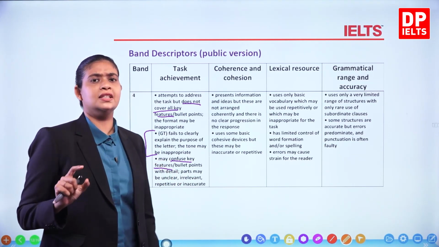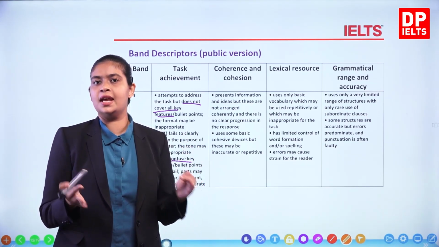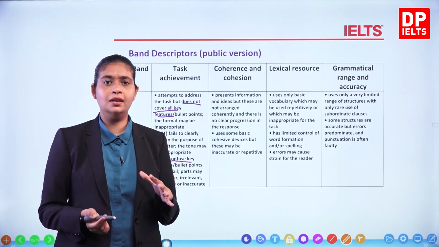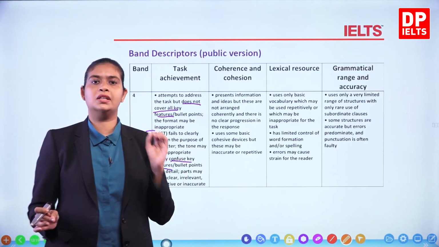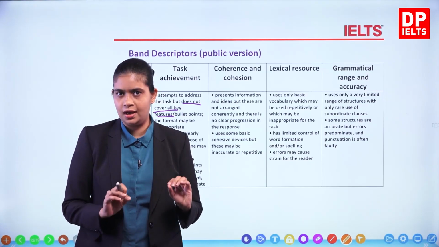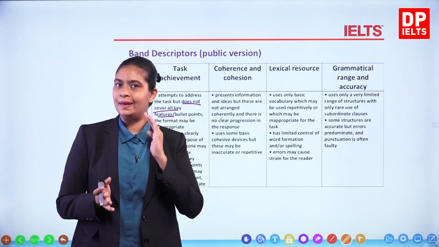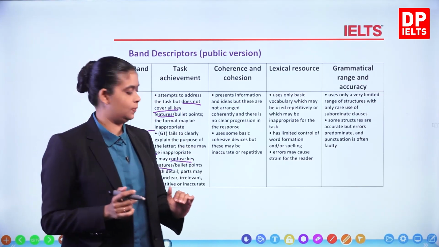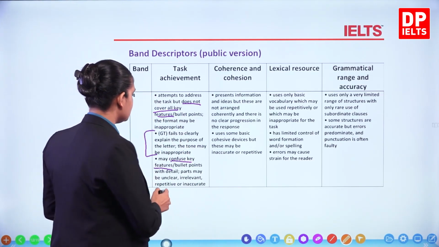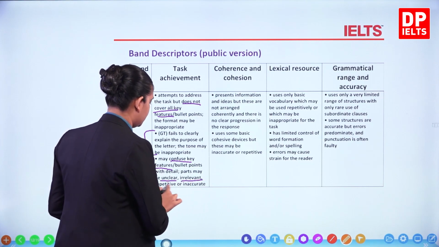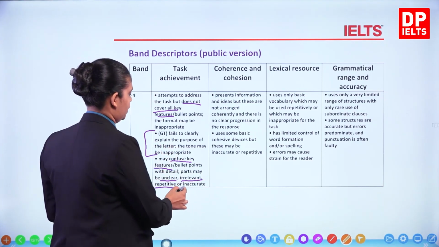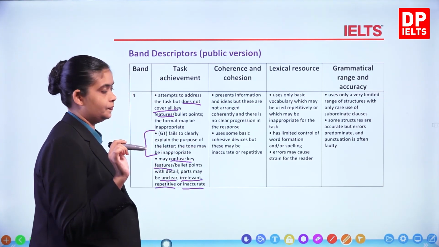So when you're writing it, you have to really understand before you start writing. Okay? You can't just start writing and doing whatever you want in the task. You have to clearly read it, understand, plan, and then start writing. Okay? And parts are unclear, it's irrelevant, and it's repetitive or even inaccurate.